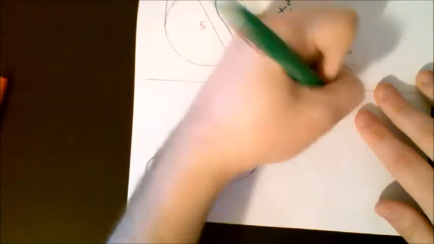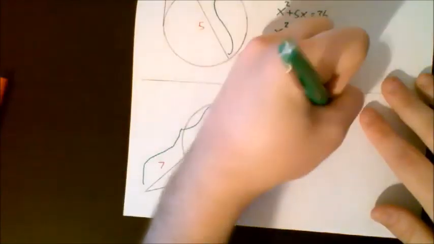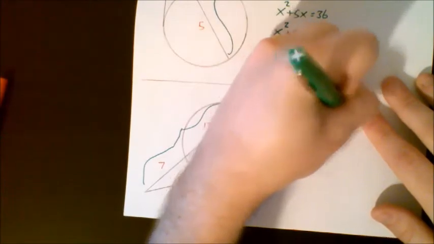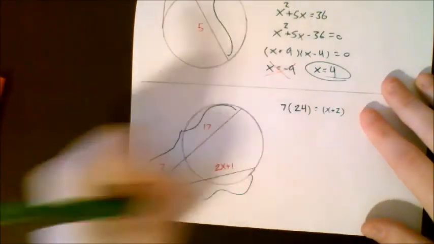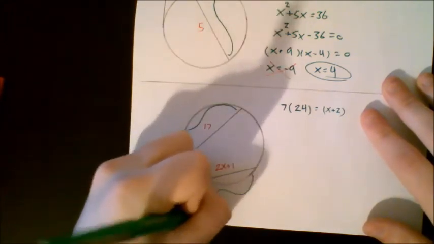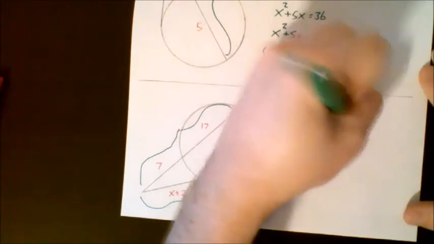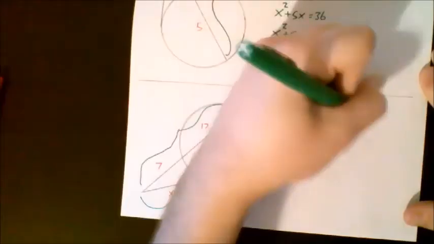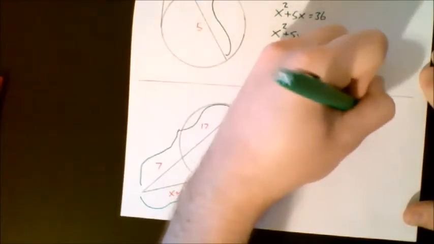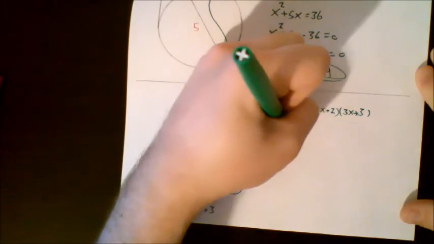Okay, let's set that equal to this segment, so x plus 2, times the entire secant. Adding those together gives us 3x plus 3. So 7 times 24 just gives us 168.